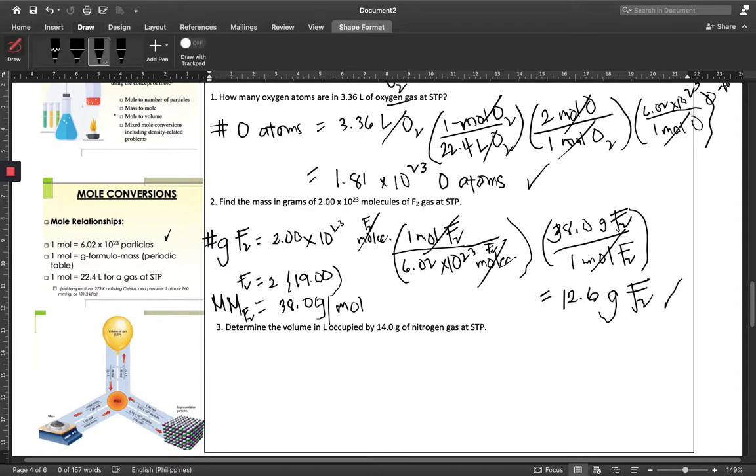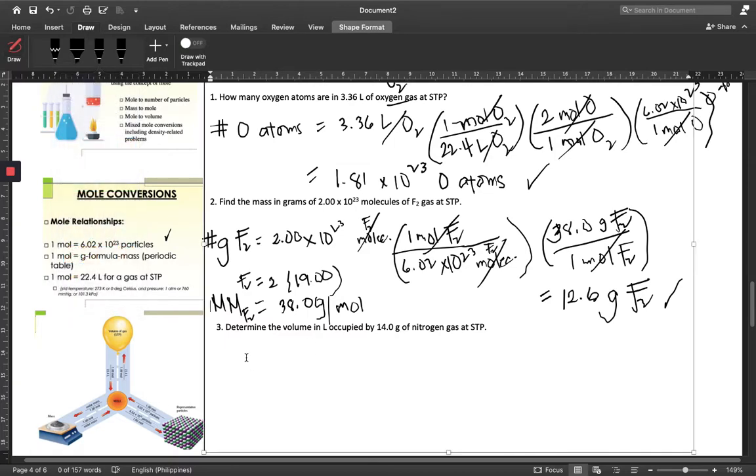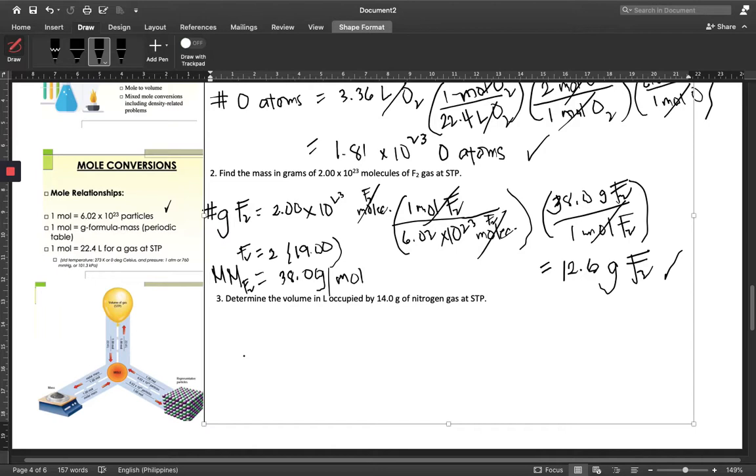In here, we are asked to determine the volume in liters occupied by 14.0 grams of nitrogen at STP, standard temperature and pressure. All right, so we start with what we are being asked for, the number of liters of N2.